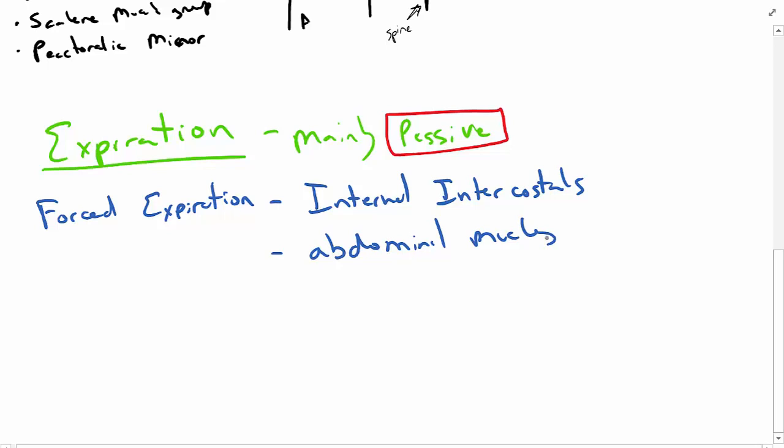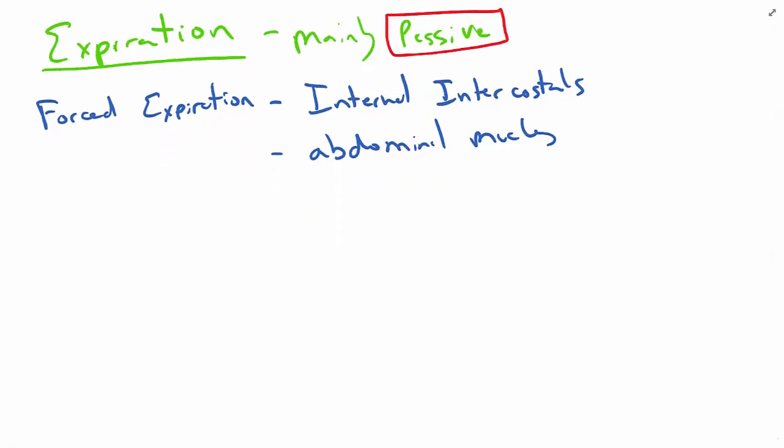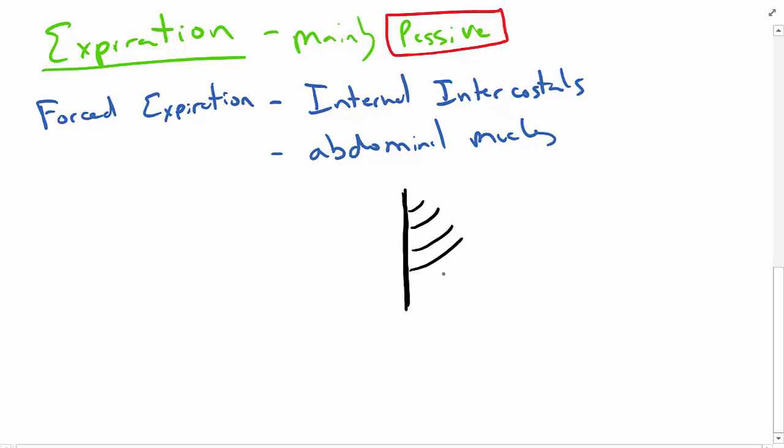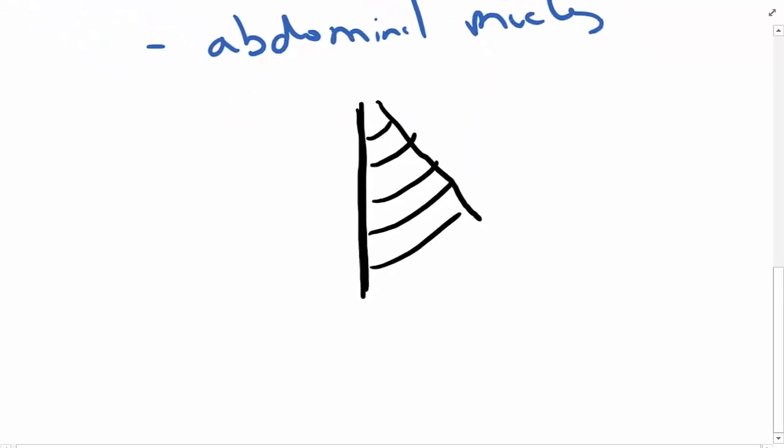So let's look at the internal intercostal muscles. Once again, we've got our spine, and we have our ribs coming off the spine to form the rib cage right here. The internal intercostal muscles are still in between the ribs, but they're oriented in a different manner.